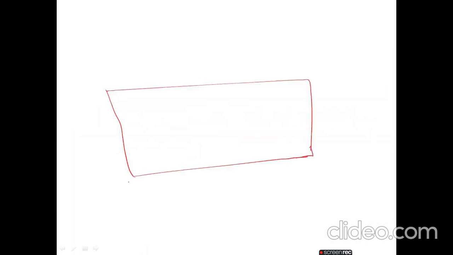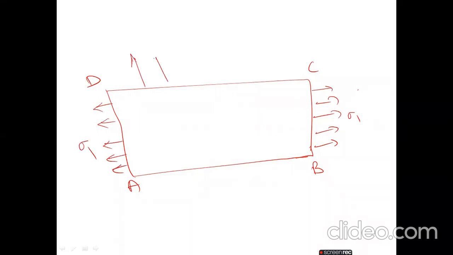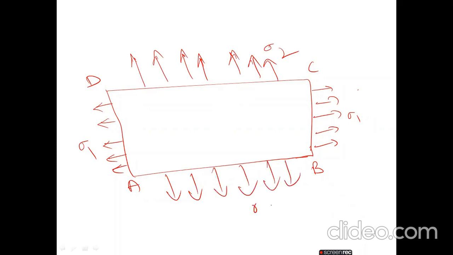Okay, now let us consider a rectangular bar ABCD. In two mutually perpendicular directions, the direct stresses are sigma 1 in one direction and sigma 2 in the other direction.